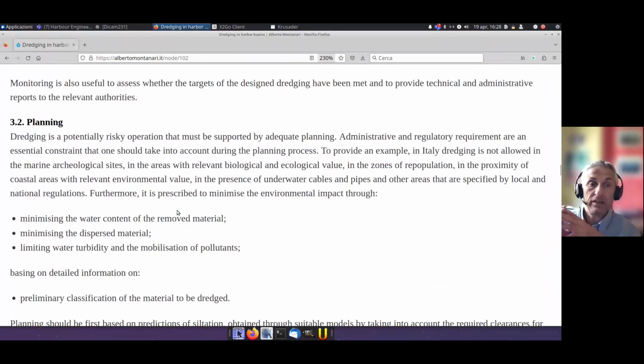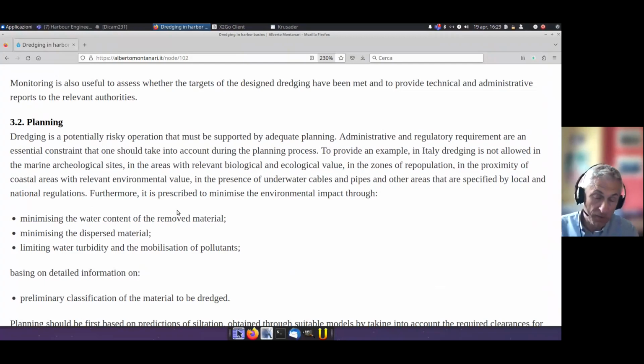Now, in terms of planning, dredging is a potentially risky operation that must be supported by adequate planning. As I said, it's risky and also impacting on the port operations. So administrative and regulatory requirements are an essential constraint that one should take into account during the planning process.